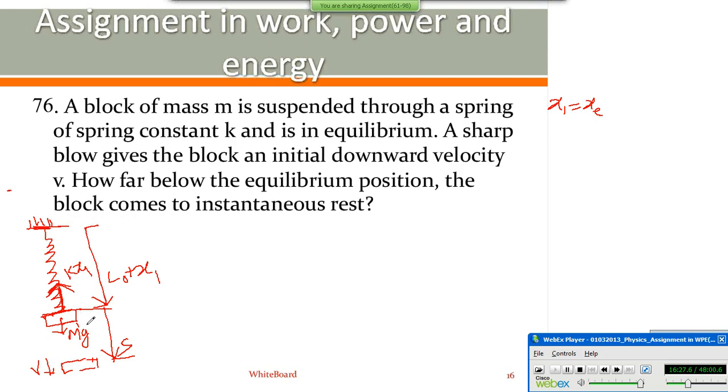Then it is allowed to move under the action of conservative forces, mg and the elastic force by the spring. Therefore, the total mechanical energy of the system remains constant during the subsequent motion after the impulse is given. At the original equilibrium position, the net force on the block is 0. So the magnitude of the elastic force, k into x1, equals its weight mg, or you can write x1 equal to mg by k.